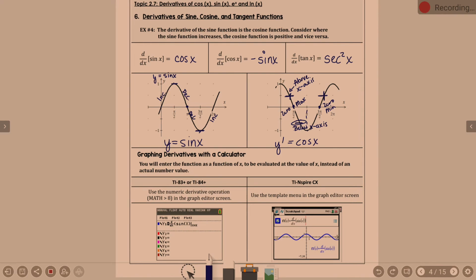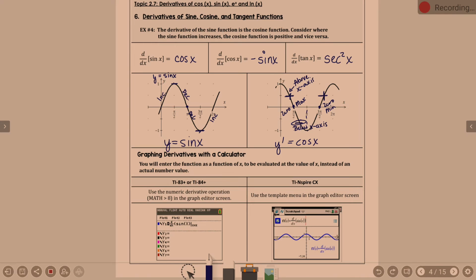Now, you're still filling in a variable, x, and then if I want to see the derivative of sine, we're going to do sine x. You have to put the extra parenthesis in there around the x. We're not looking for a certain value, so we're going to evaluate it at x, which is just going to give me the whole graph.